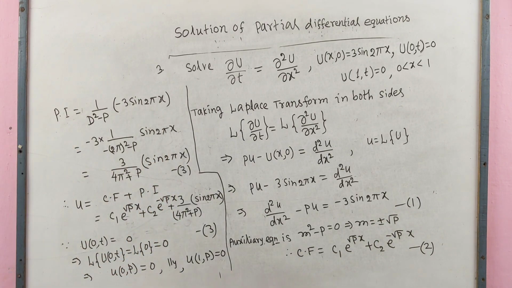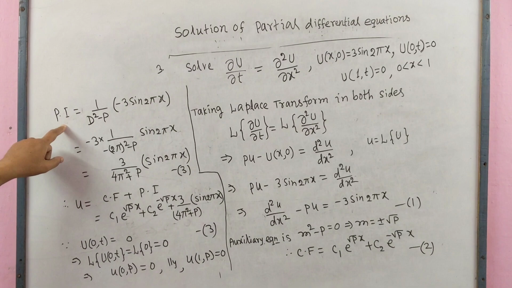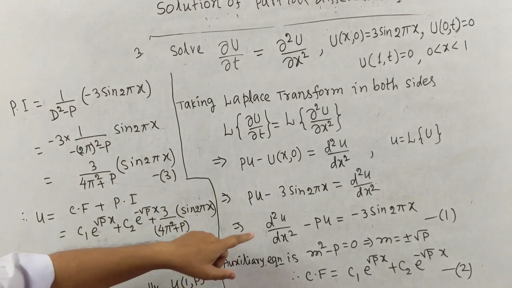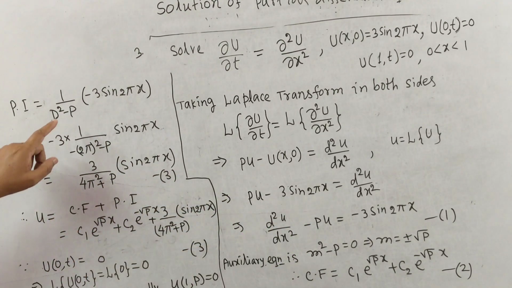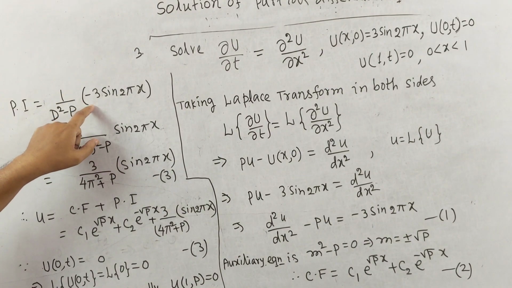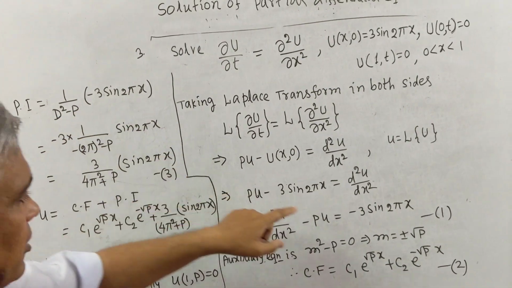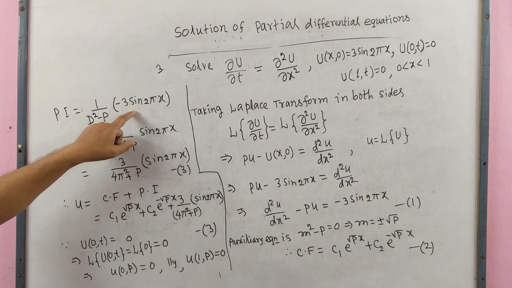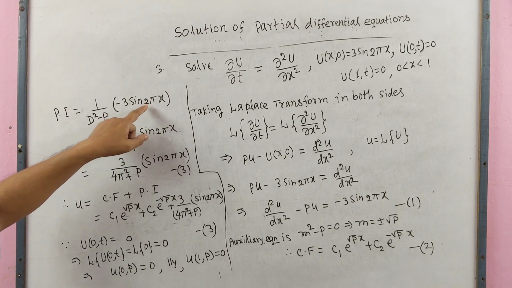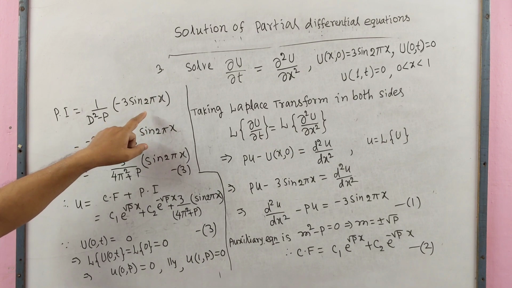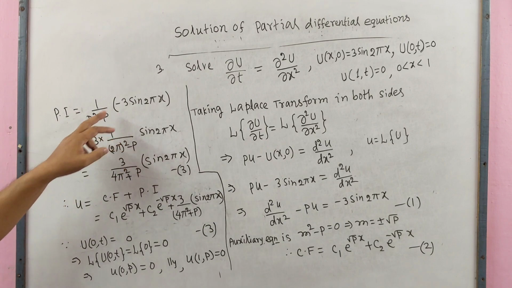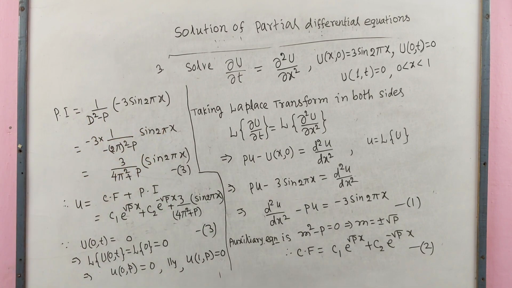Now we have to find the particular integral, equal to 1/(D² − p) of −3 sin 2πx. Here we take the coefficient of x as sin, so D² becomes (−2π)², giving (−4π² − p) in the denominator.